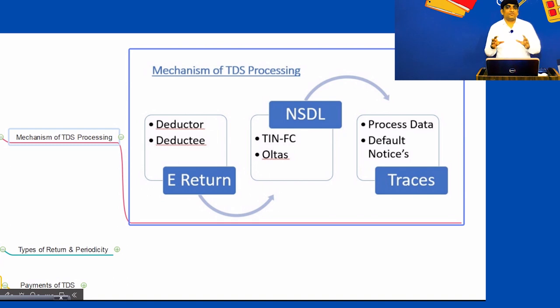So this is the mechanism of TDS processing. First payment is done, then return filing at NSDL, then processing at TRACES, and after that default notices are issued to the deductor.